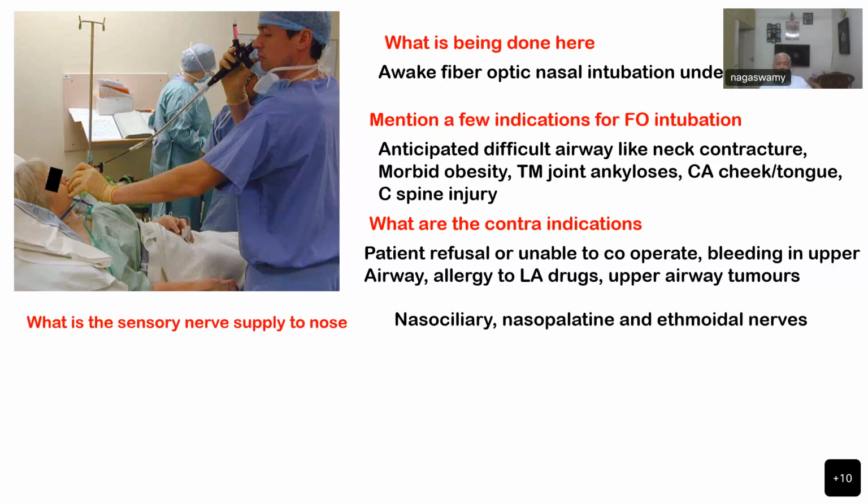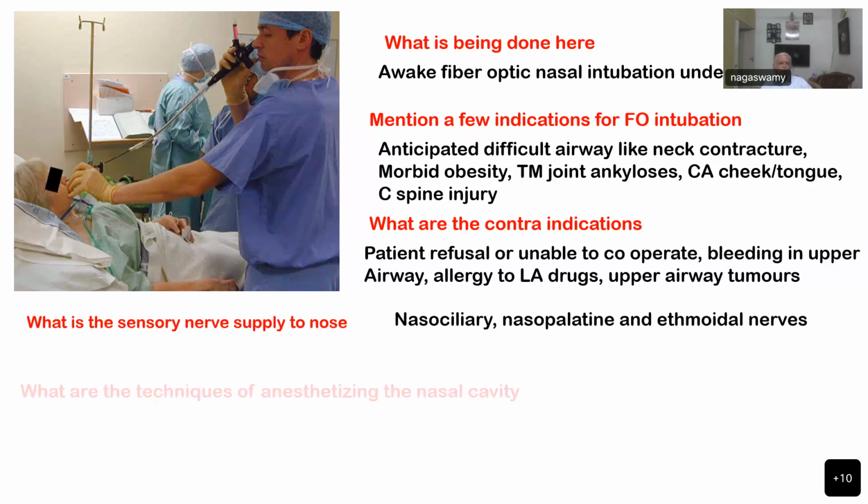See, nerve supply to the nose means there should be the word naso. So you can remember nasociliary, nasopalatine, and ethmoidal nerves because they come from the root at the junction of the nose with the forehead. These are the 3 important. All are branches of the trigeminal nerve, first division and second division.